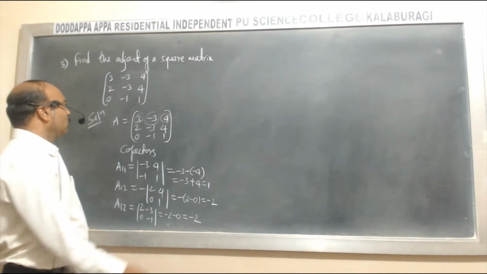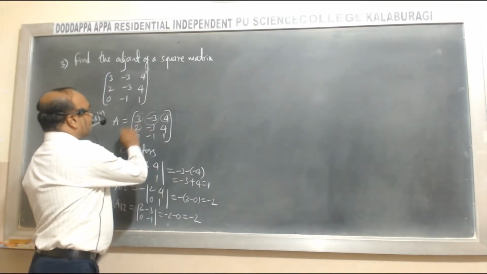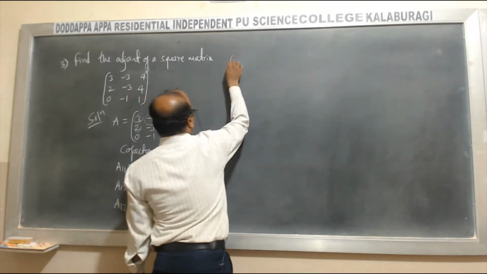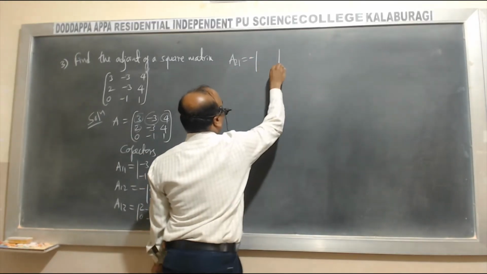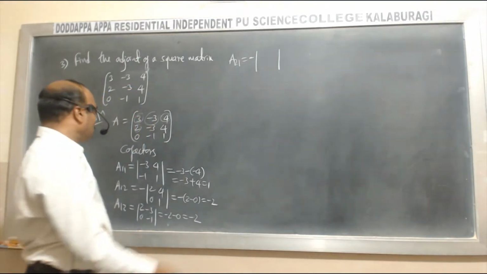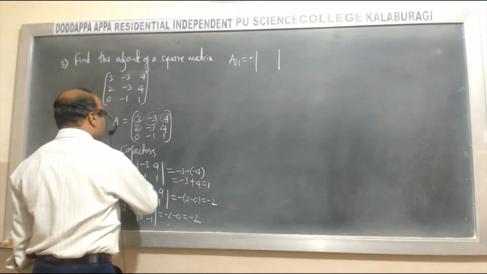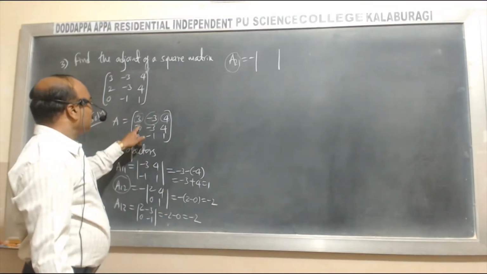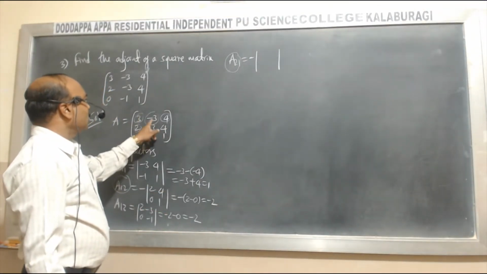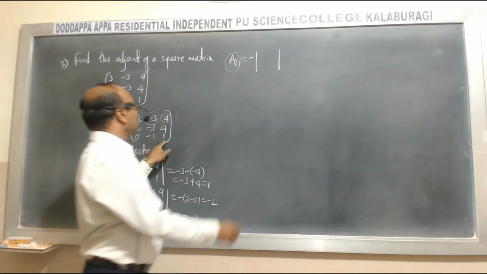Next we go for the cofactor of element 2, that is A21. It is minus of the determinant because 2 plus 1 is odd. It is 2 plus 1 is an odd number. Then deleting this column and this row we get minus 3 4 minus 1 1.